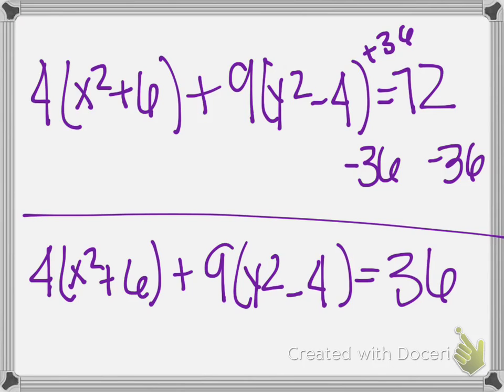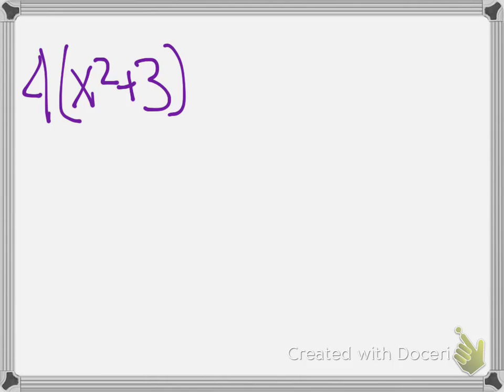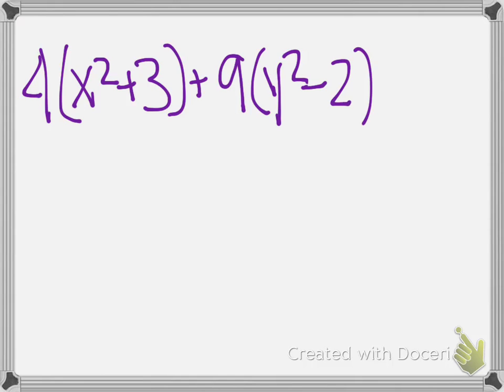And then what you want to do is you want both of the terms to stay in half form. So 4x squared, and then instead of it being plus 6, it's going to be plus 3. And then plus 9y squared, not plus, minus, and instead of 4, it's going to be minus 2 equals 36.